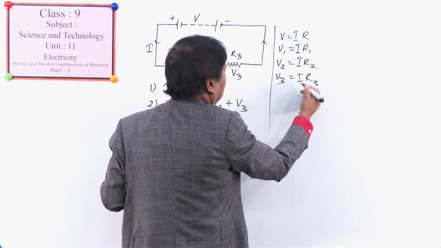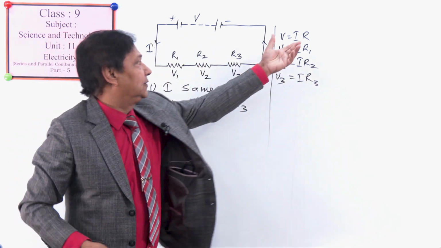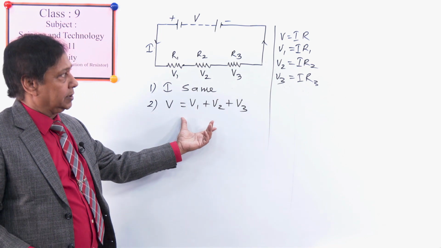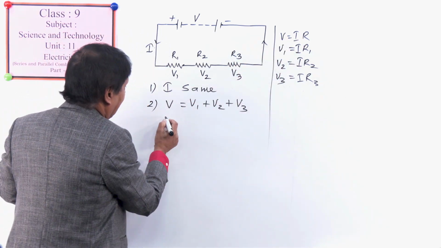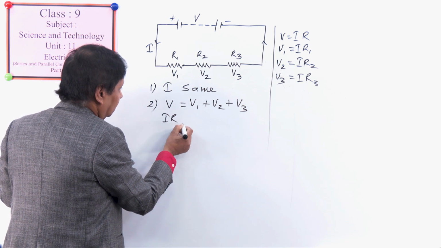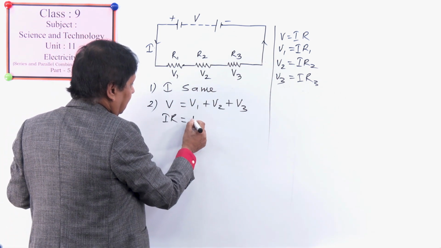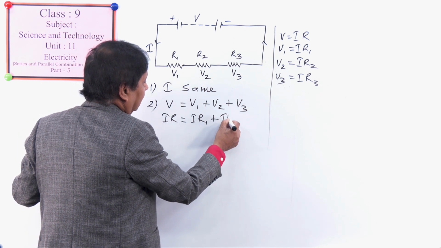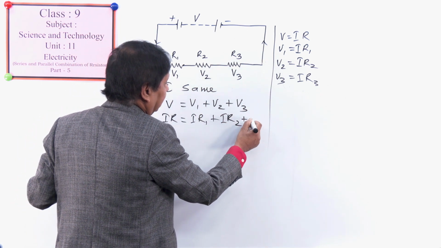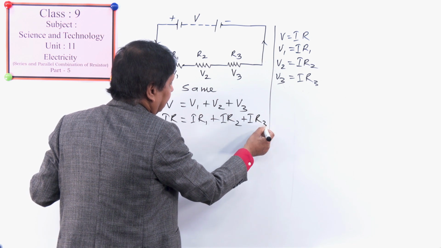I want to substitute this value in this equation. If values are substituted, in place of V, I can write IR. In place of V1, IR1. In place of V2, IR2. And V3, IR3.